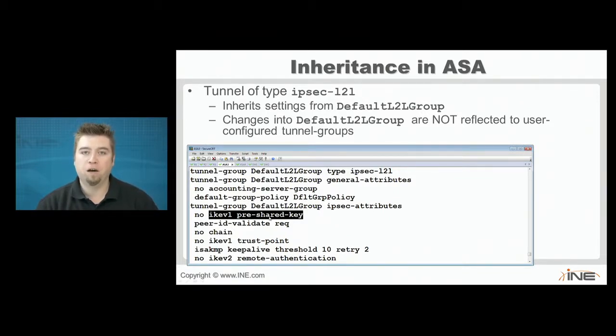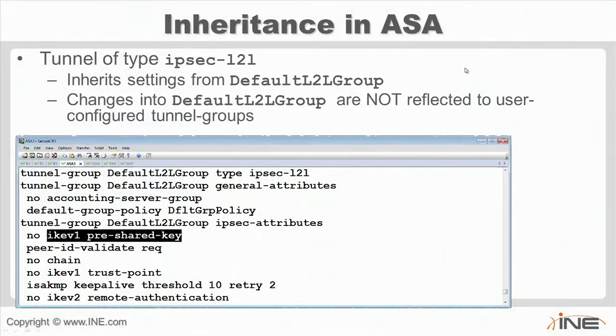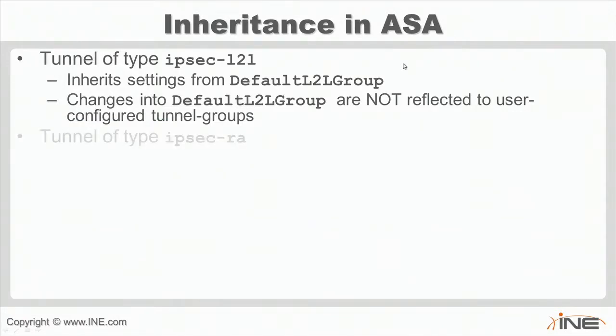If you want to be 100% sure of this, you basically could just copy all the defaults and then paste them into the user-defined tunnel group and the user-defined group policy, and then you're always going to know that it's going to pick those specific ones as opposed to falling back to the defaults. But key point here being that if you change the defaults of the tunnel groups, it's not going to affect the user-defined ones.